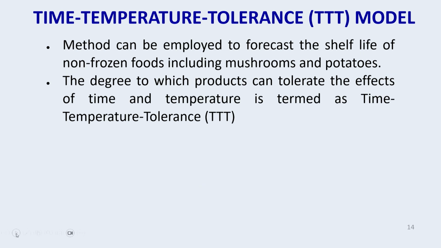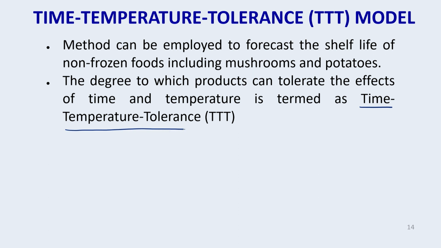This method can be used to forecast the shelf life of non-frozen foods also, though it is mainly used for determining the shelf life of the frozen foods. However, it could be used for non-frozen food products such as mushroom and potatoes. The degree to which the products can tolerate the effects of time and temperature is termed as time temperature tolerance.